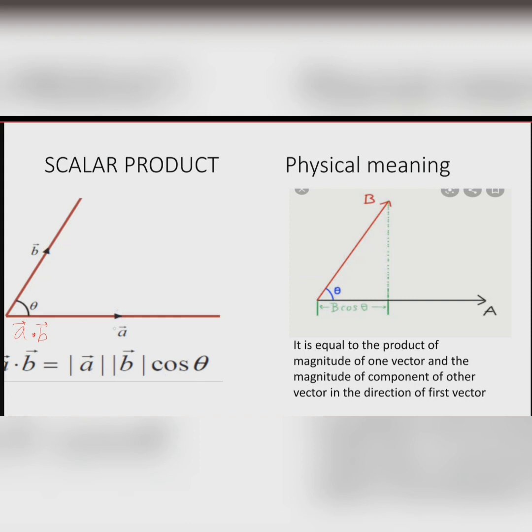I've shown here vector A, vector B. The angle between the vectors is theta. So the dot product here becomes A B cos theta. I have not put any arrows here, which means I'm just referring to the magnitude.